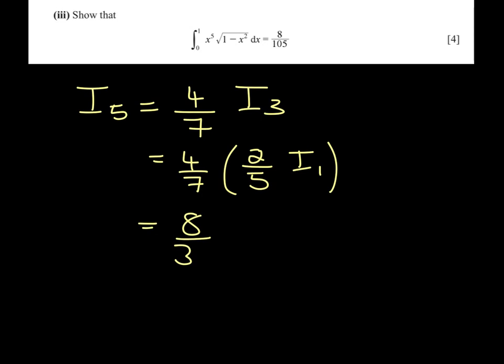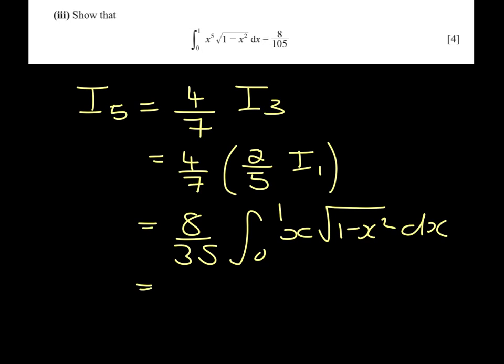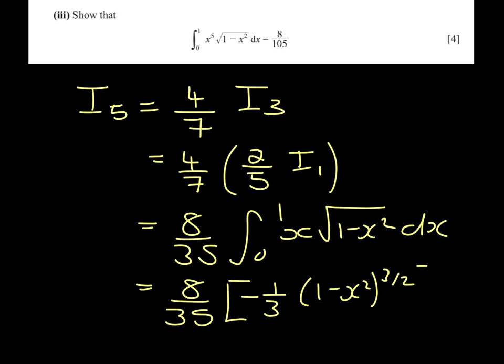So we've 8 over 35 times the integral from 0 to 1 of x root (1 minus x squared) dx. If we go back to part 1, we have shown that that will be minus 1/3 (1 minus x squared) to the power 3 over 2 between 0 and 1.